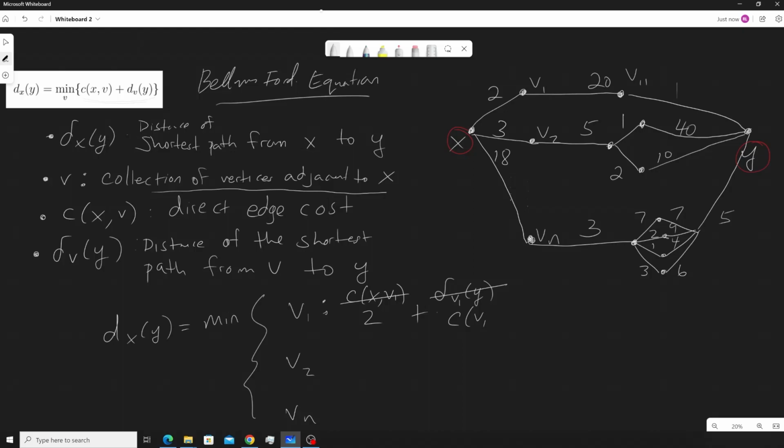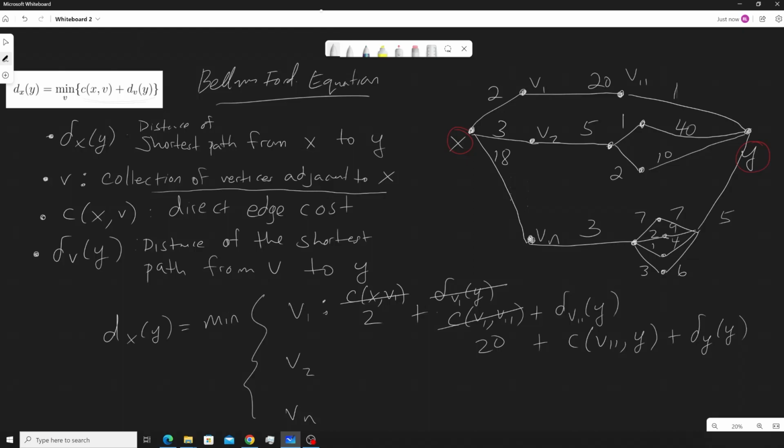This is 20, v1 to v11. And then this recursive value d of v11 y is c of v11 comma y, that's the direct edge cost, plus d of y to y.